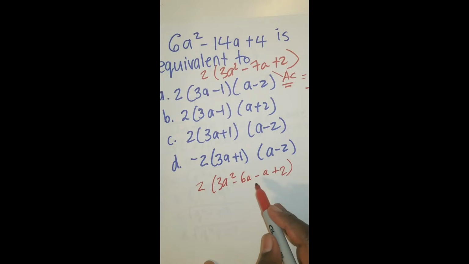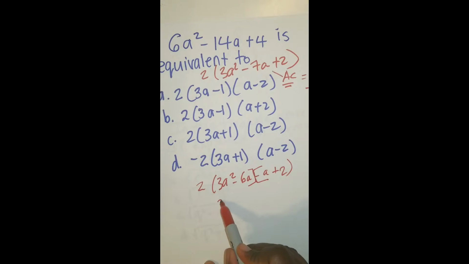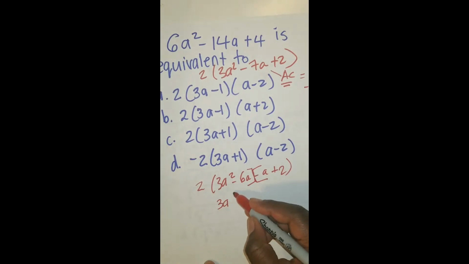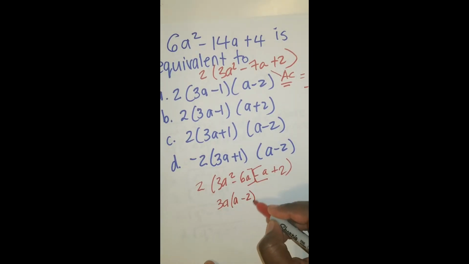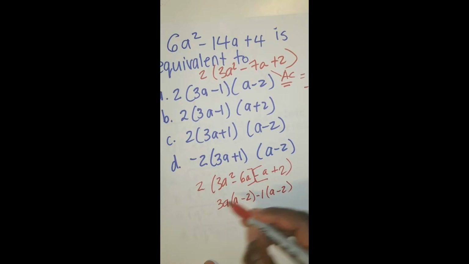Between these 4 terms, you're going to go ahead and group them according to common factor. Between these 2, 3a is common. Take it out, a minus 2. Between these 2, a negative 1 is common. It's going to be a minus 2. And the 2 is going to come back.